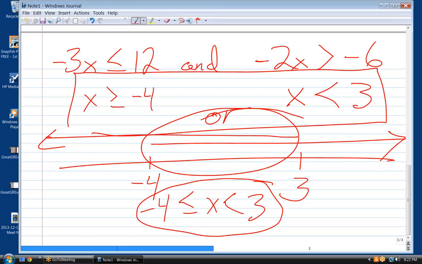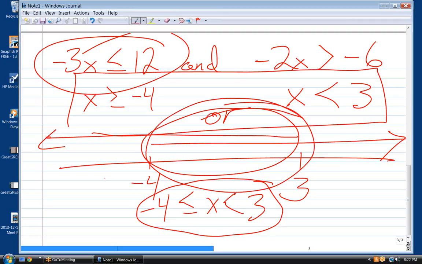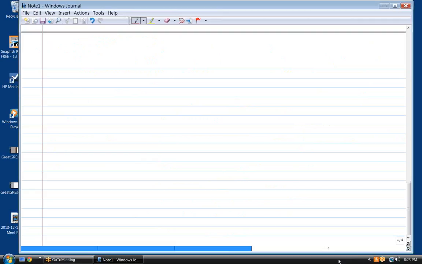Yeah, I think so too, because if x was -100, both of them would not be true. The only time both of them are true is when it's between -4 and 3. I think it's both have to be true for it to be and. Sure, that makes a lot of sense.